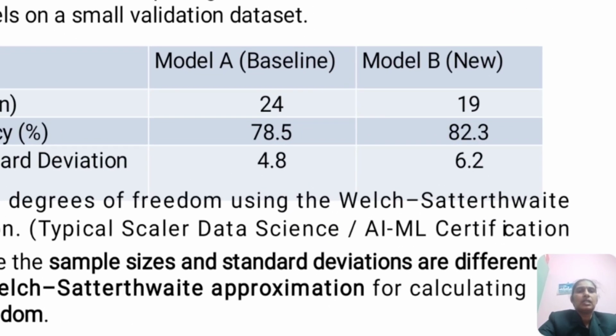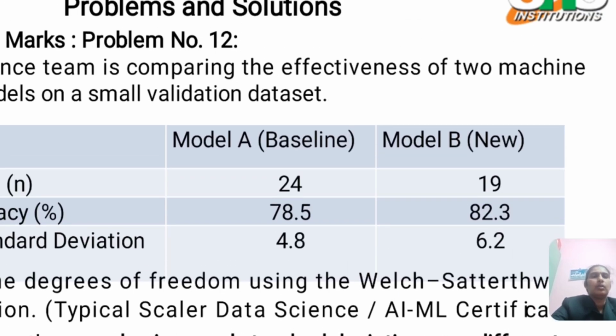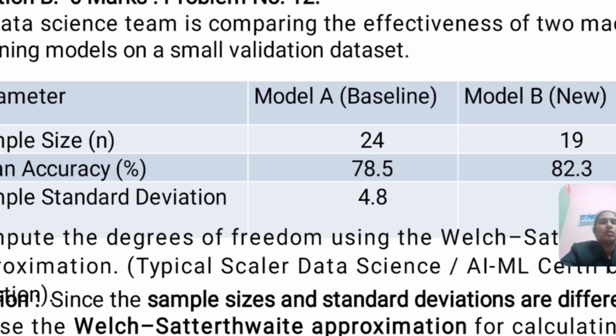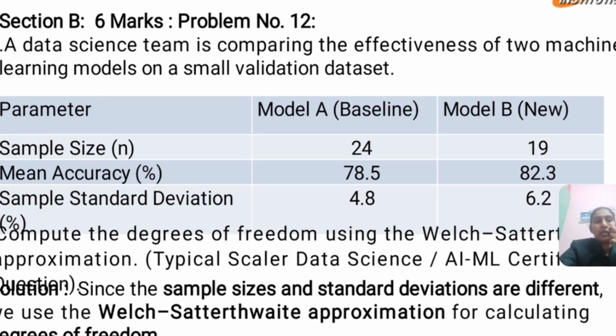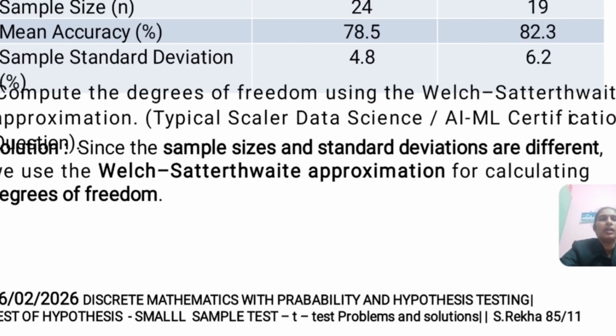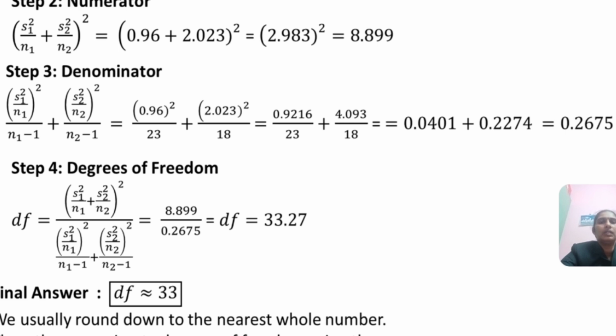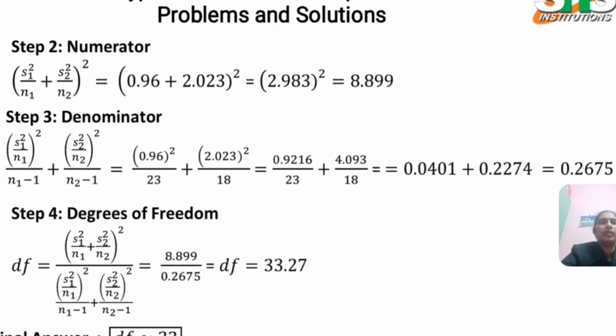The data science team has given two models for these two sample means. Here n1 and n2 are the sample sizes, the means are x1 and x2, and the standard deviations are s1 and s2. When two sample means are given, we have to adopt this formula, the degree of freedom formula.